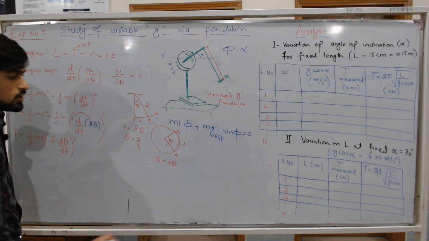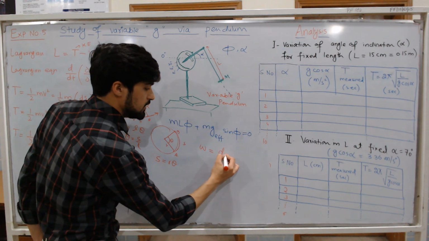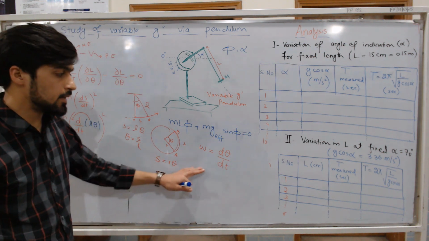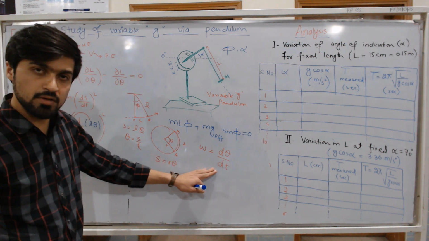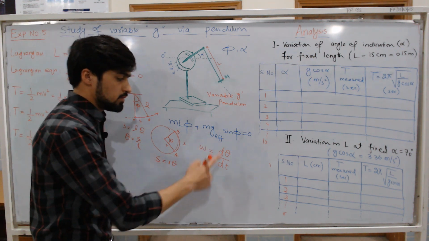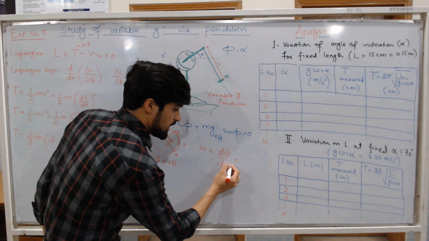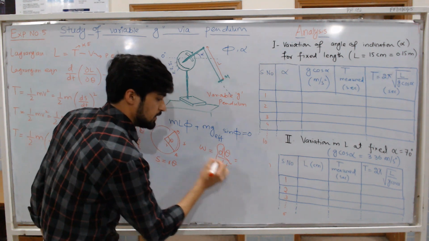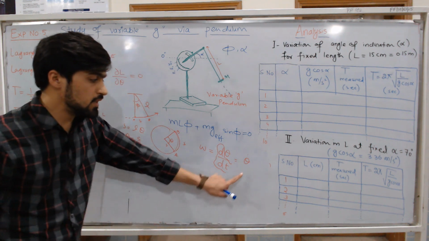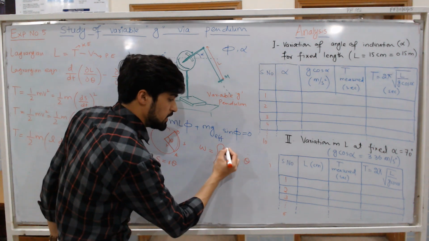Keep in mind that the angular velocity is d theta by dt, the rate of change of angular displacement with respect to time. In calculus, I can replace d by dt simply by a dot: theta dot means the first derivative of theta, and two dots mean the second derivative.